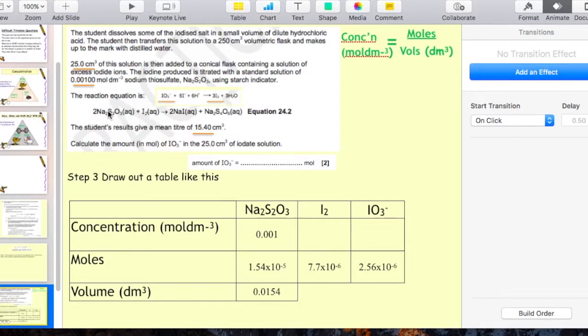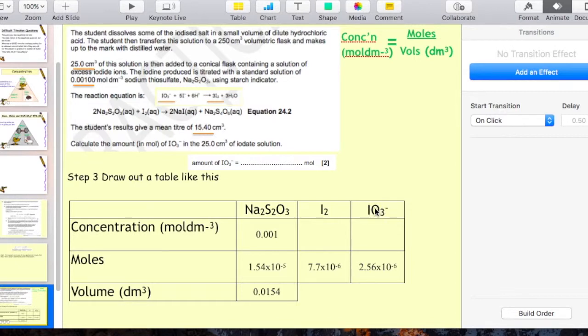So we're going to do 1 over 2 times 1.54 times 10 to the minus 5. So basically 0.5 times 1.54 times 10 to the minus 5 is going to give us 7.7 times 10 to the minus 6 there. You can see the answer appearing there, but just bear with me.